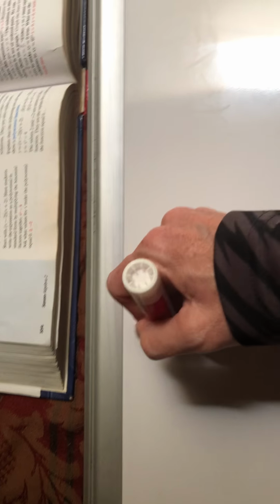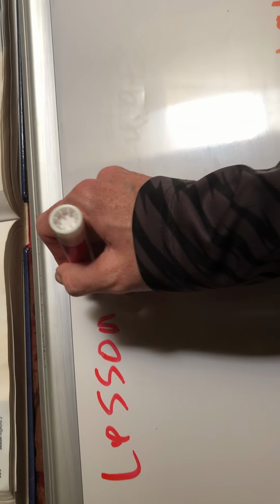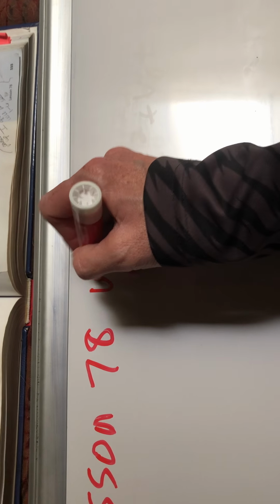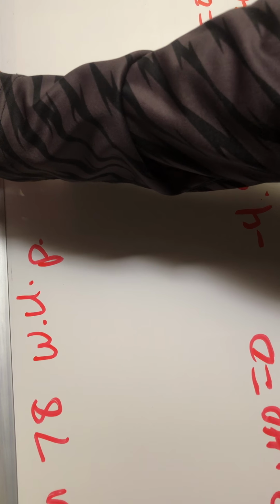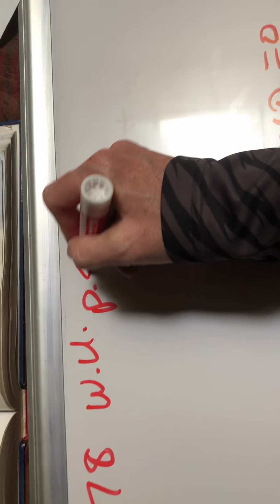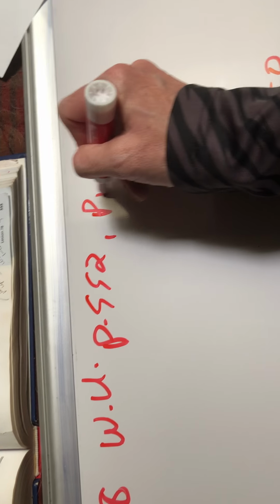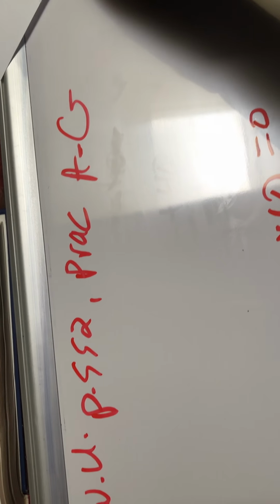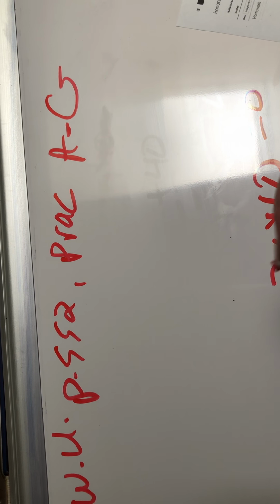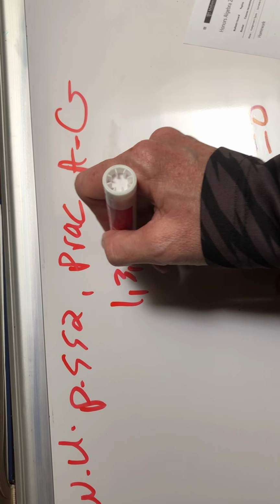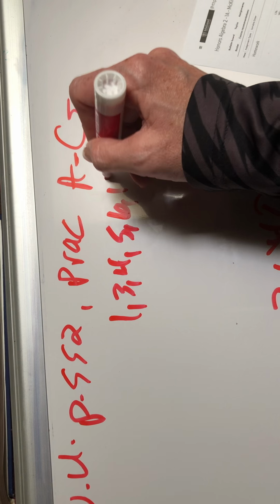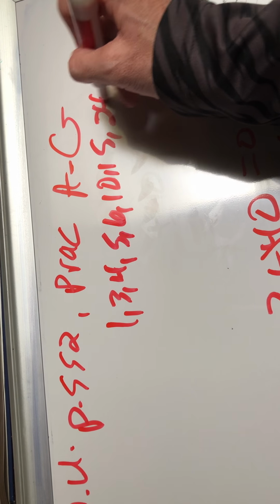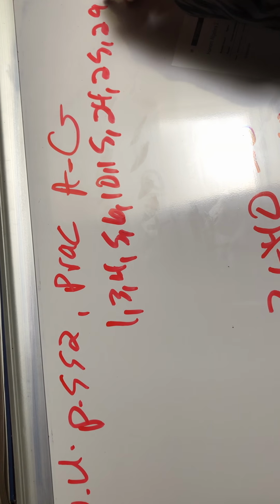So let me give you your assignment on this. And remember, you got to copy these notes and send them with your homework. This is lesson 78. You're going to do the warm-up, which is on page 552. You're going to do practice A through G. Then on 78, you are doing 1, 3, 4, 5, 6, 10, 15, 24, 25, 29, and 30.